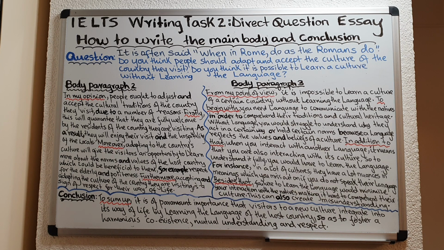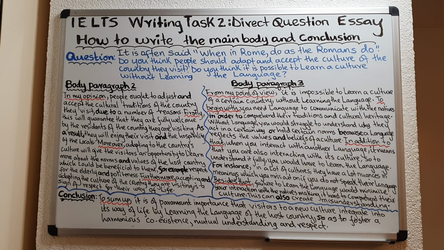And then when it came to body paragraph 3, I answered the second question: do you think it is possible to learn a culture without learning the language? I provided my answer to that question at the beginning of body paragraph 3, from my point of view, and then in the rest of the paragraph I provided the examiner with 3 reasons to support my point of view.